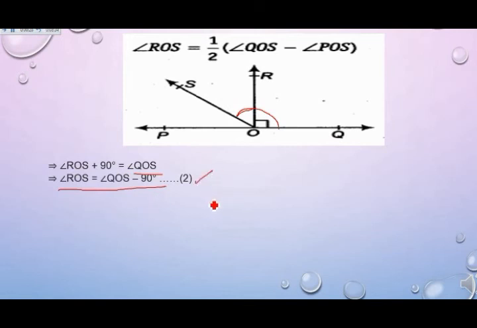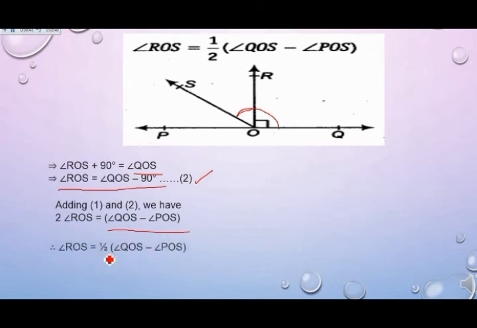Now adding these two equations, ROS plus ROS becomes twice ROS, and 90 cancels with 90. So it is equal to QOS minus POS. So transposing 2 to that side, we get angle ROS is equal to half of the difference of angle QOS minus POS, which is the required result.